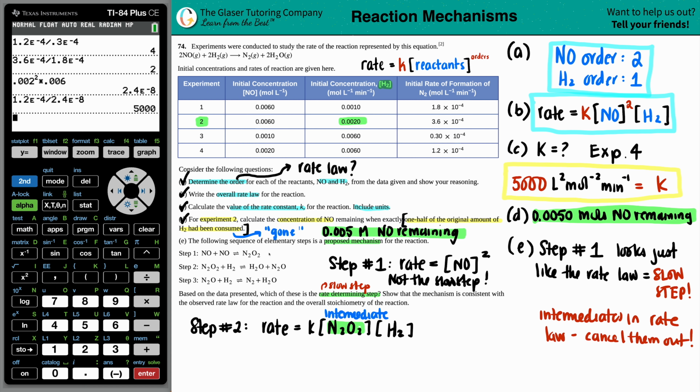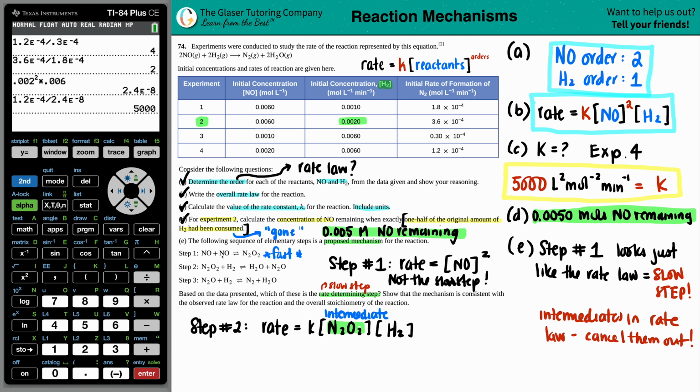If we're doing multiple steps, like if step 2 or step 3 is the rate determining step, the ones before it are going to happen in a fast manner.